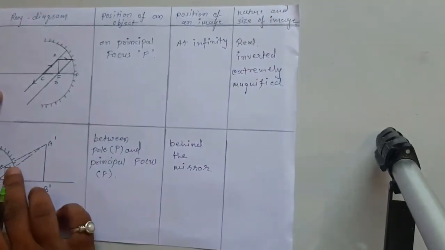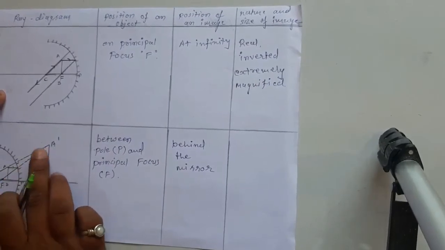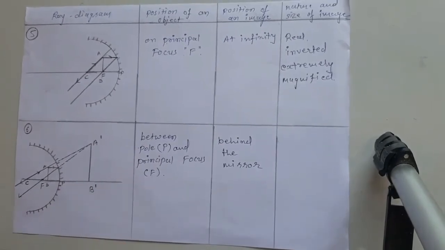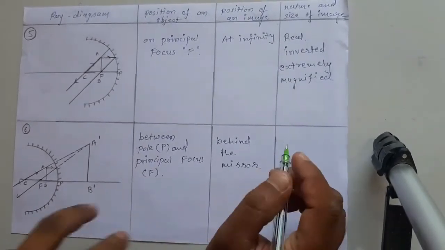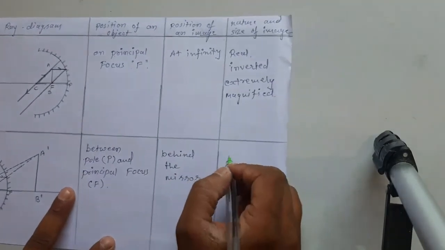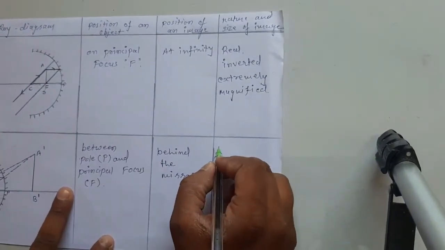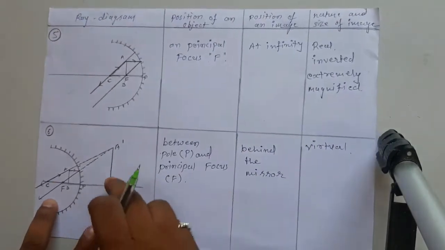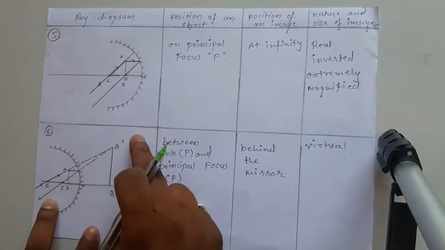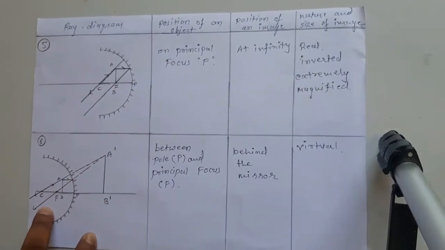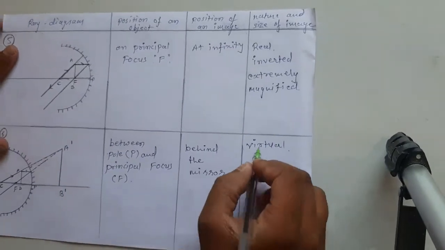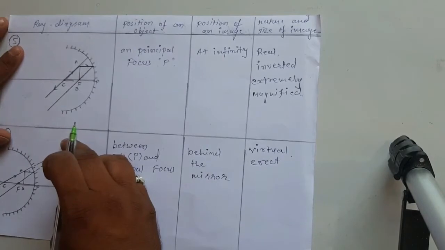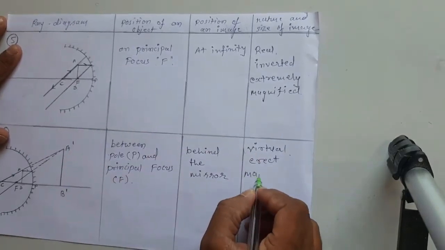Here we have seen that the reflected ray is extended backward and we are getting the image. So our image will not be real, it will be virtual. Also, the image is the same AB, so we get A dash B dash. So our image will be virtual, erect, and the size is also magnified.